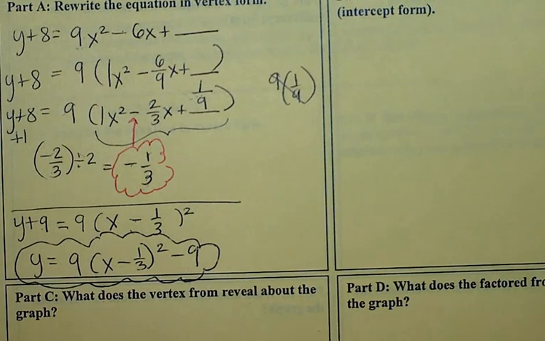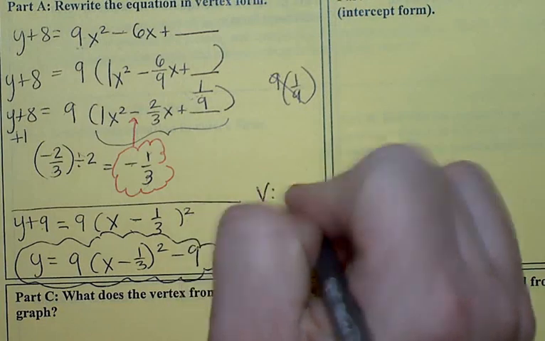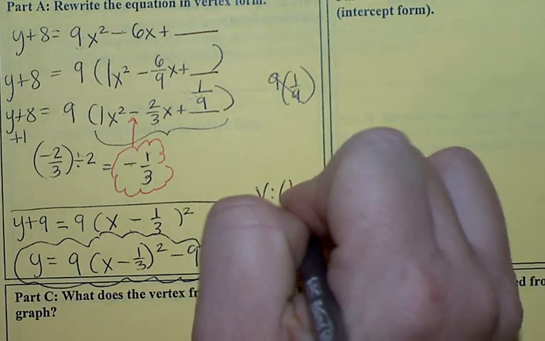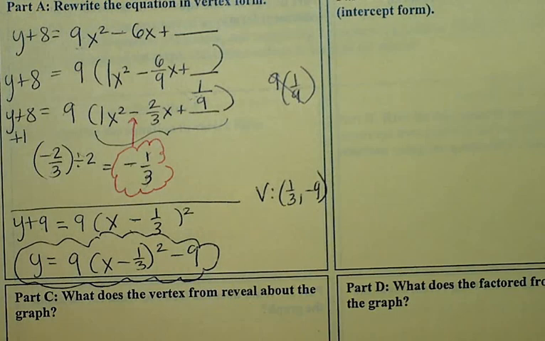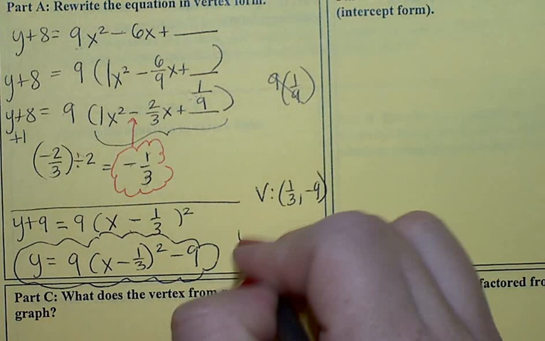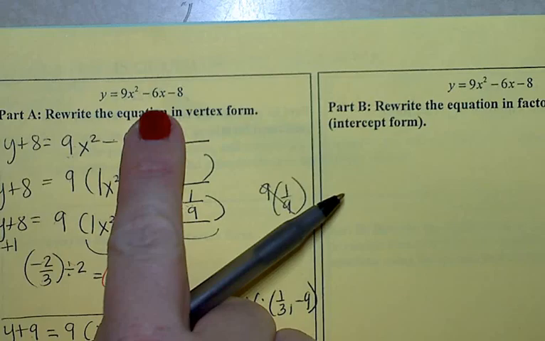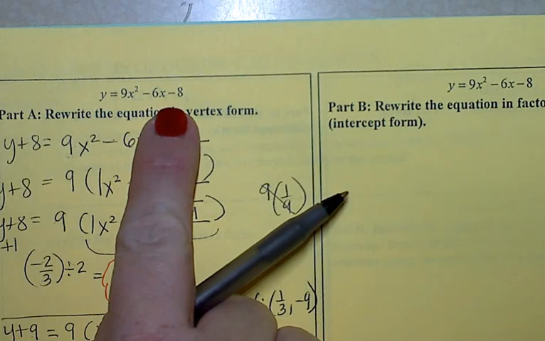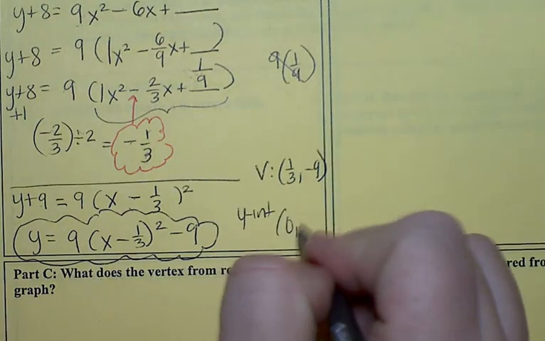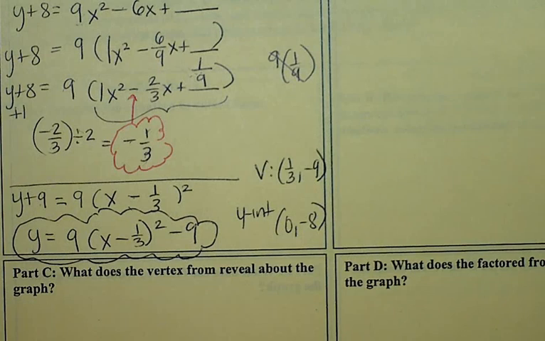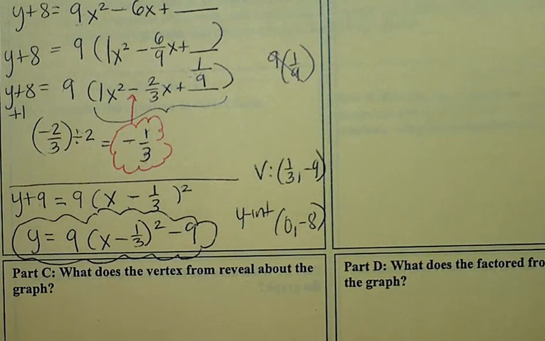If you were asked to identify the vertex, it would be positive 1/3 and negative 9. If you were asked to identify the y-intercept, it would be 0, negative 8. Okay, so let's graph those, just so we have a rough idea of this.